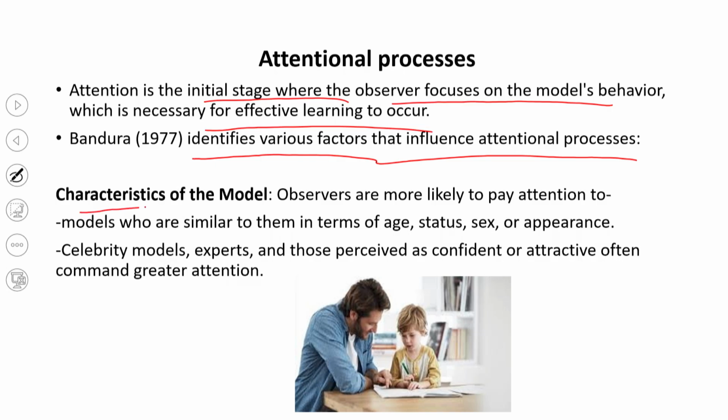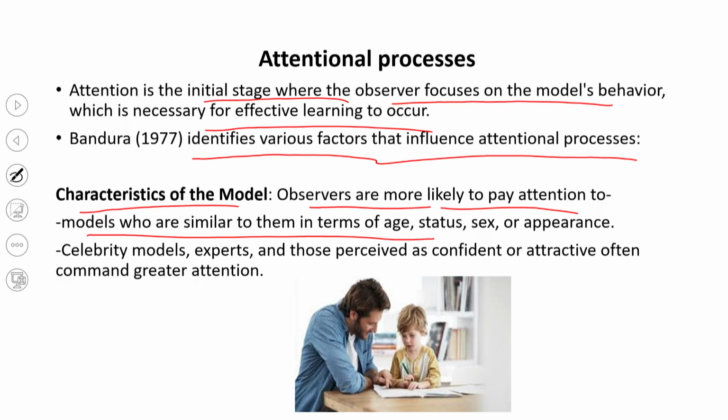So, one of the things is the characteristics of the model. How that model is will catch your attention. An observer is more likely to pay attention to someone else's action when models are similar to them, as we already said. If the person is very similar to me, I can connect with that person.